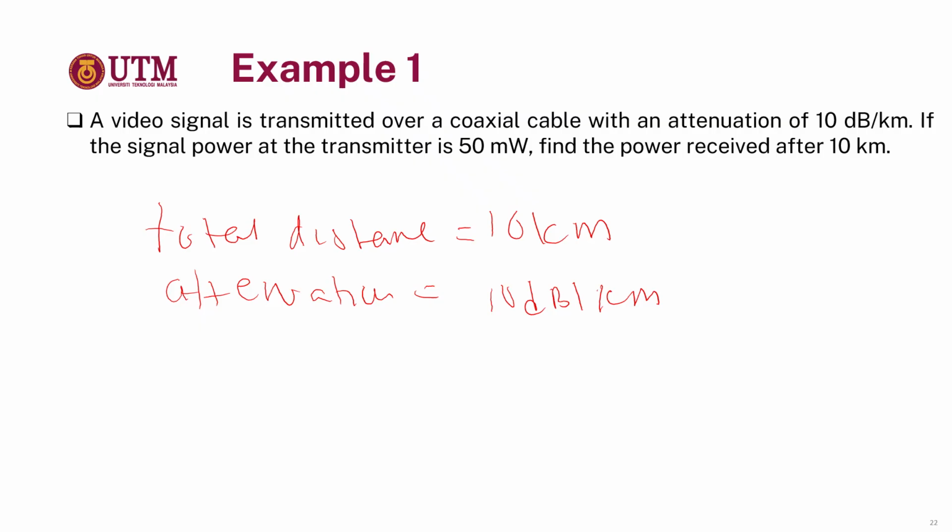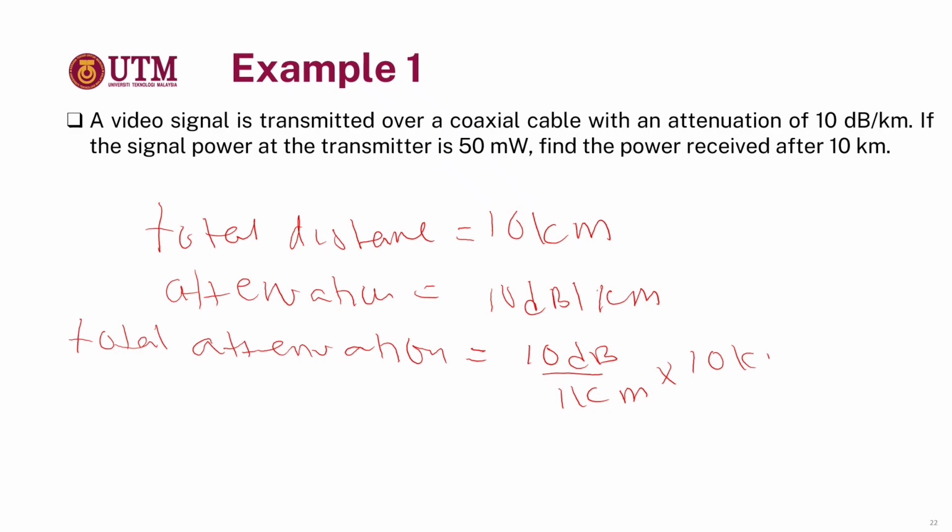So we can actually directly calculate our total attenuation, which is 10 dB per 1 kilometer times the total distance. The kilometers cancel out, so you're going to have 100 dB.